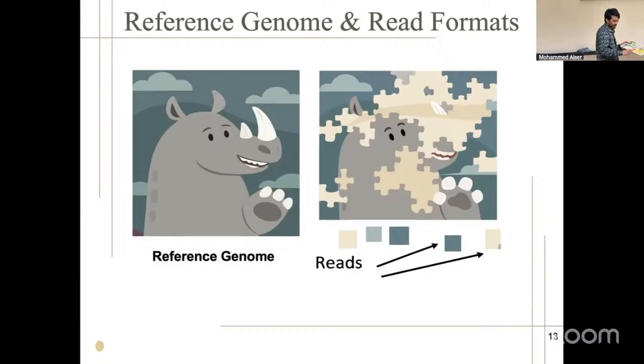If you get an unsolved one and there is a reference picture, it is much easier to match. But if you don't have the reference picture, how much time will it take?